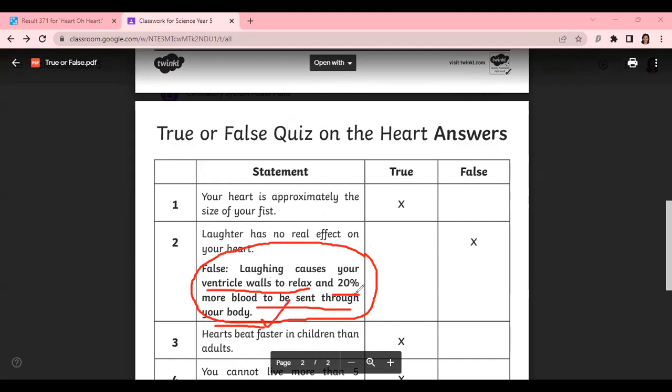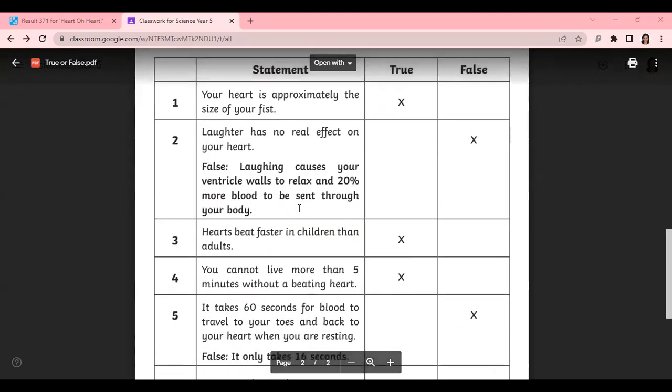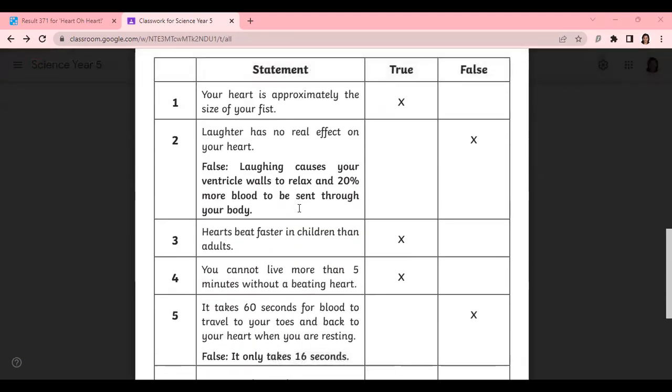See, by laughing, more blood is going through. So you must laugh a lot. That's what people suffer from when they're stressed: every other disease will come and visit them.